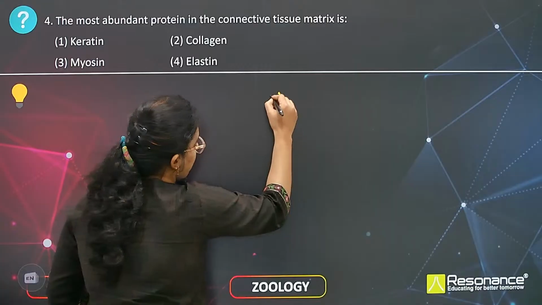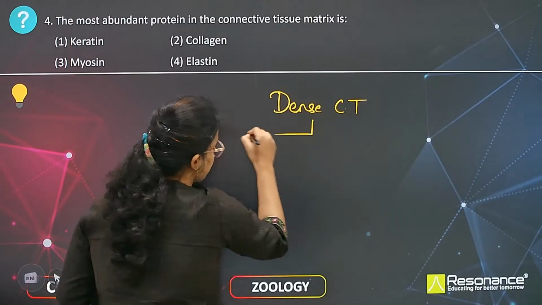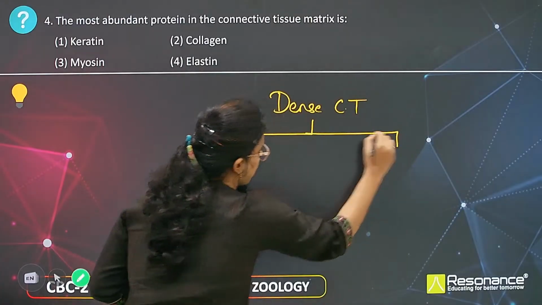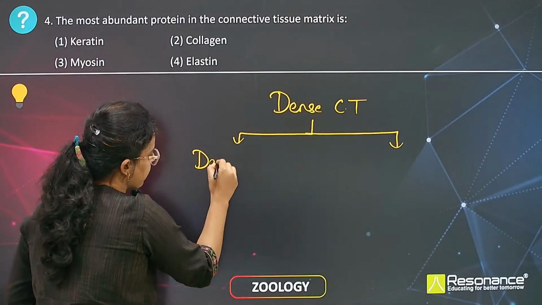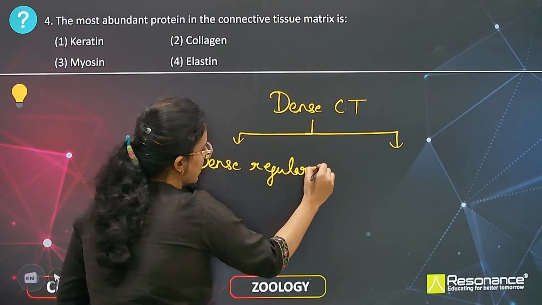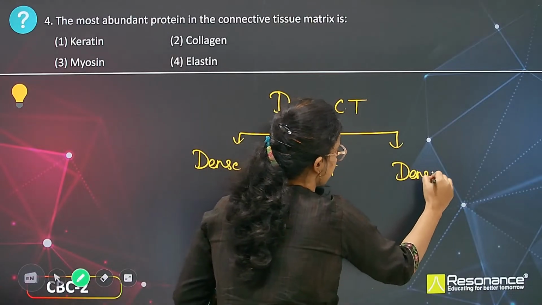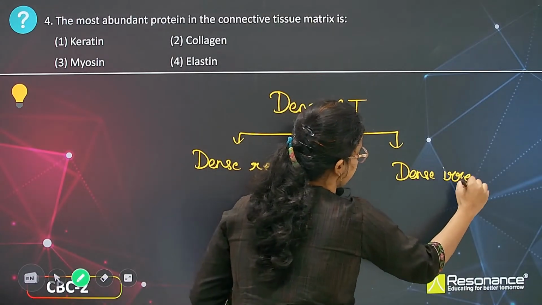It is... if you classify dense connective tissue, there are two types: dense regular connective tissue and dense irregular connective tissue.